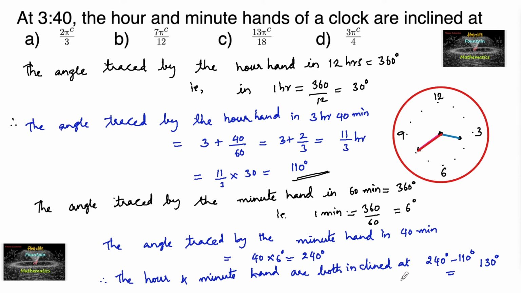So 130 degrees, with 1 degree equal to pi by 180 radians, is 13 pi by 18 radians. We can give the answer as 130 degrees or 13 pi by 18 radians.